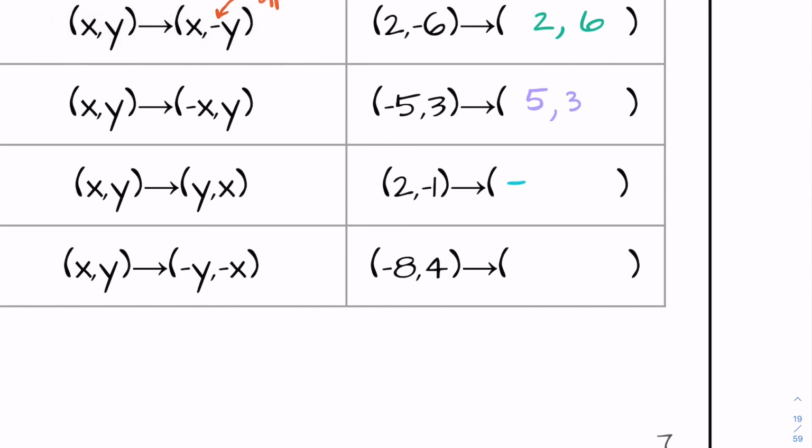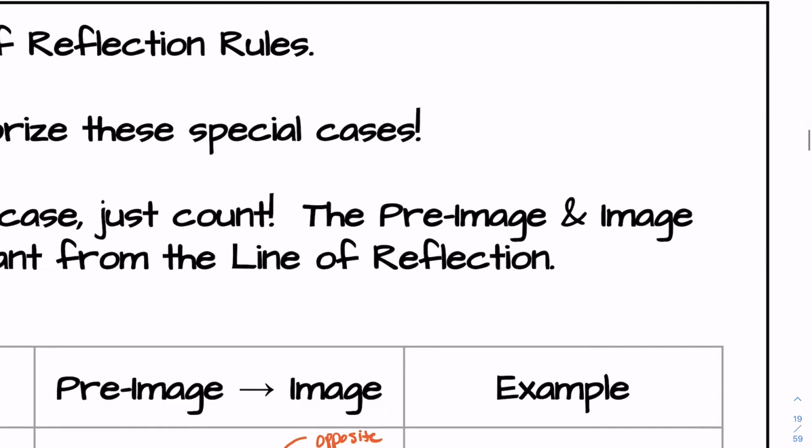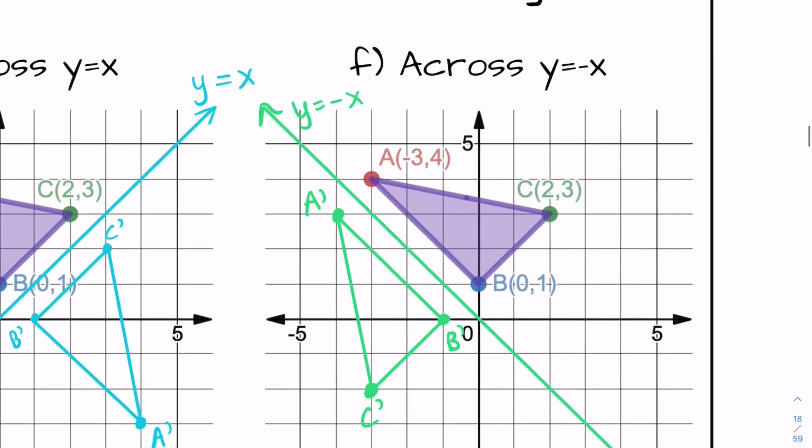So it will become negative 1 comma 2. Because all I'm doing is putting a y where I see an x and putting an x where I see a y.